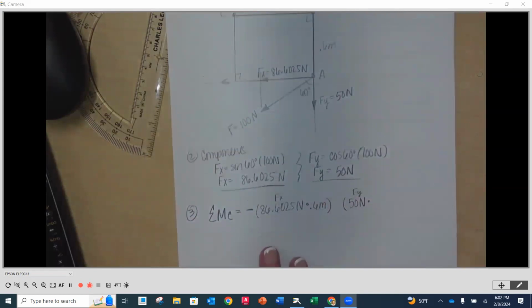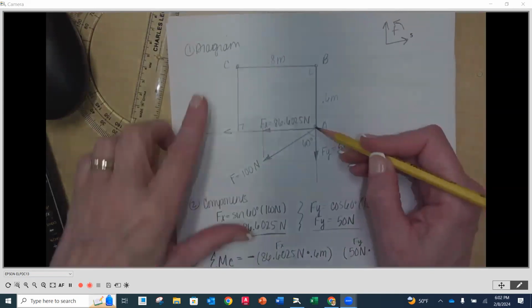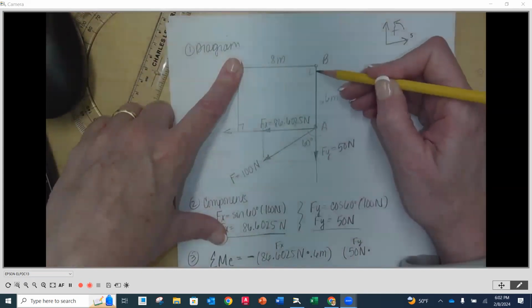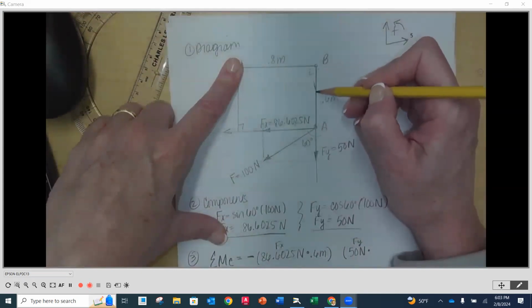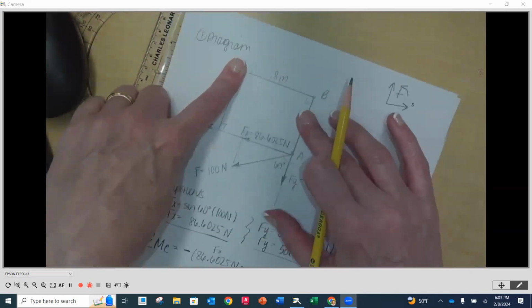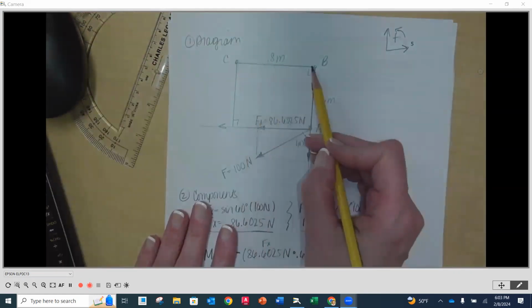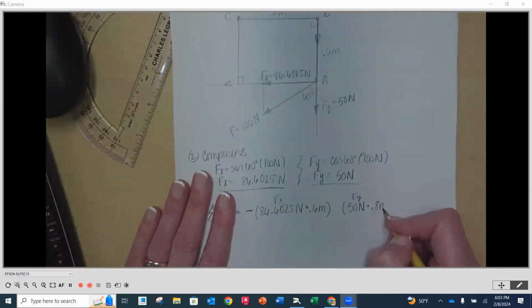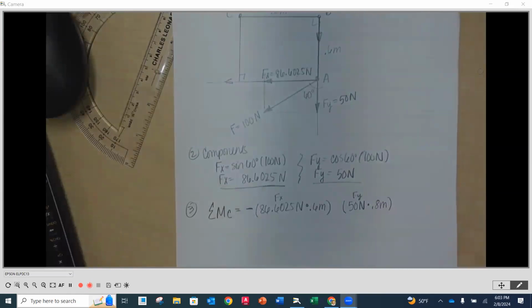Now, perpendicular distance for this one. This one's down here and C is up here. So we can back it up along its line of action. Do you see that? If I simulate it right here, it's going to have the same effect. What is its perpendicular distance? 0.8. And put the meters in there.